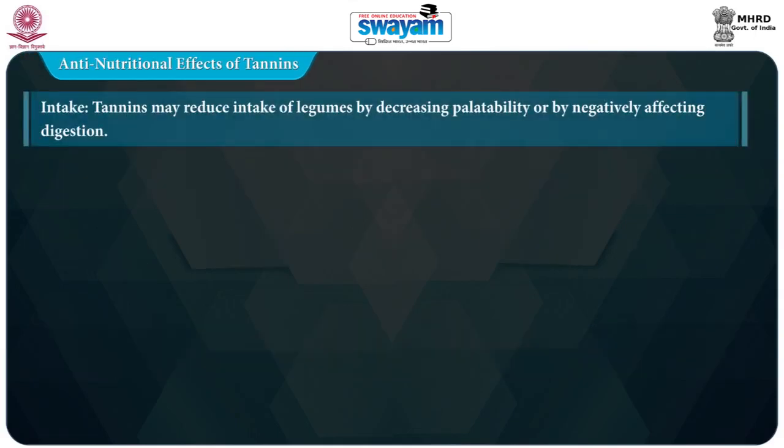As we have seen the beneficial effect of tannins, however, the anti-nutritional effect of tannins have also been reported in many studies. Let us now find out. First, tannins may reduce the intake of legumes by reducing the palatability or negatively affecting the digestion.